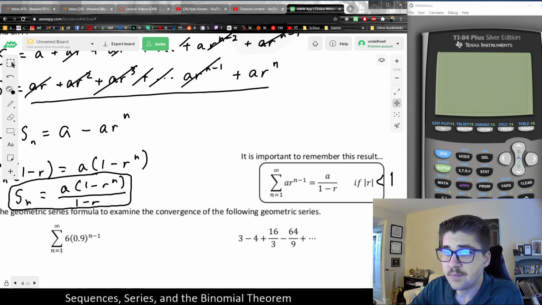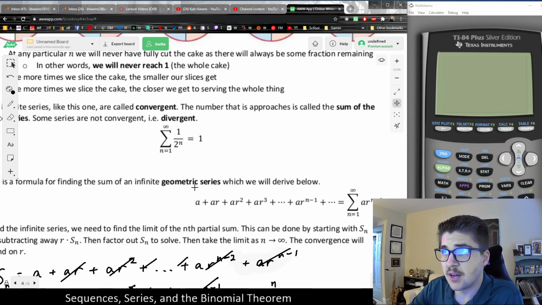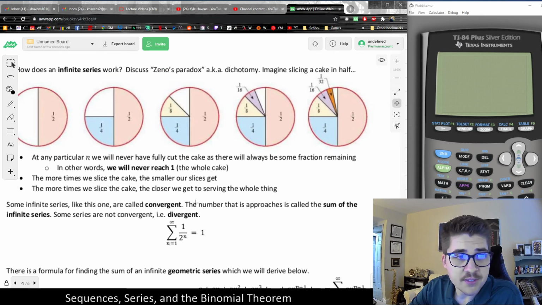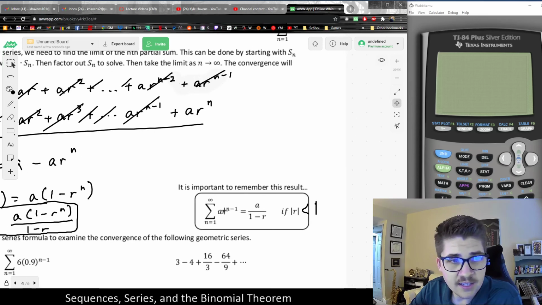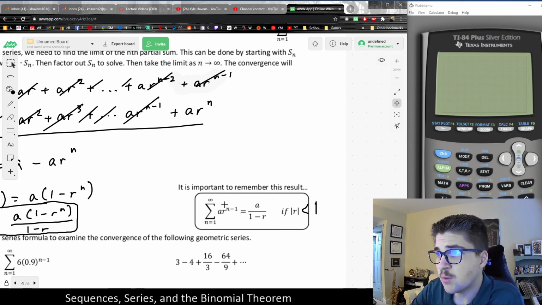Like in the Zeno's paradox example I was talking about in the previous video, I mentioned that the series of fractions, since it's getting smaller and smaller and smaller, could actually converge to a specific case. And basically, in the context when the ratio of the geometric series is less than 1, meaning that it's a fraction, it's getting smaller and smaller, it will actually always converge.